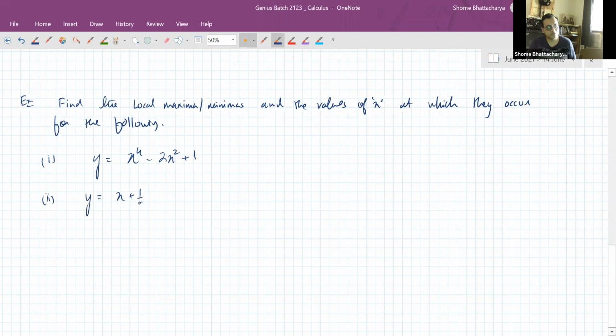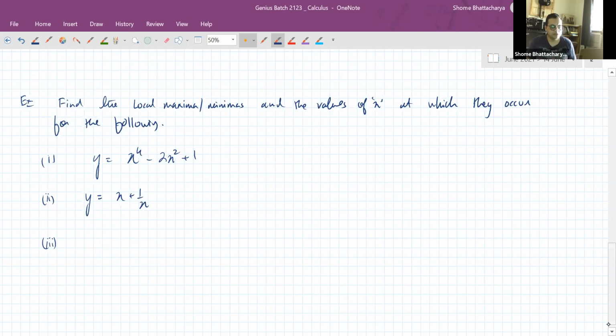Now you'll see that some of these functions are functions that we are familiar with from before. We have seen the increasing and decreasing intervals of these, but now we will not worry about those things, that in which intervals the function is increasing or decreasing, what is the global maxima or minima, or any of these such things. We will just concentrate on what the question is asking, that what are the local maximas and minimas. So that means what are the values of y at the points where the function is reaching a peak or a dip, and at which values of x they are reaching this maxima or minima.